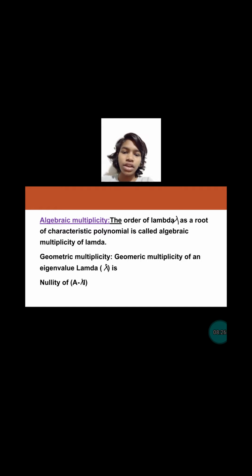Algebraic multiplicity, the order of lambda as a root of the characteristic polynomial, is called algebraic multiplicity.